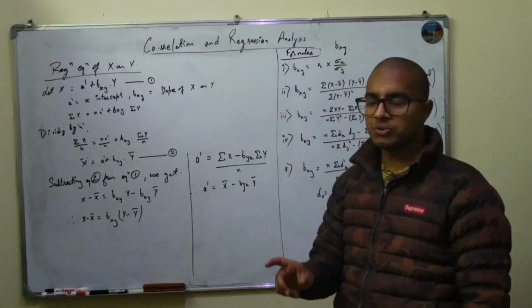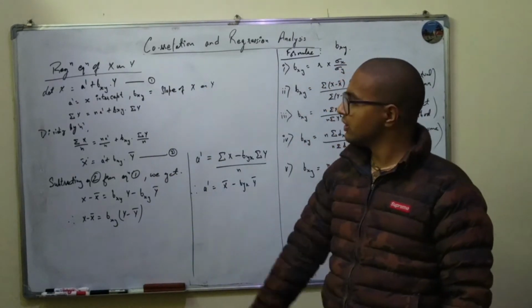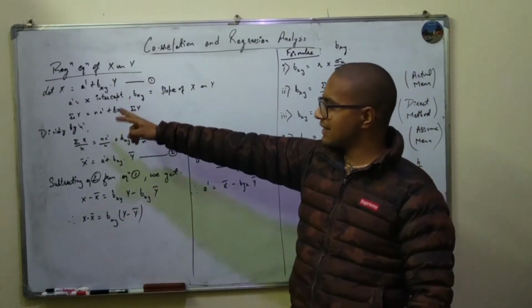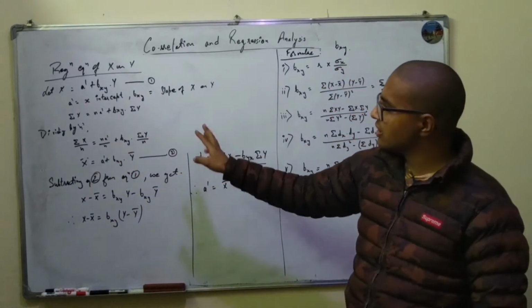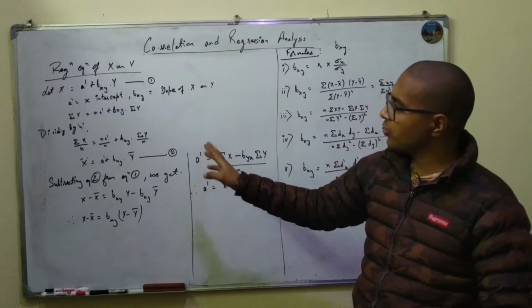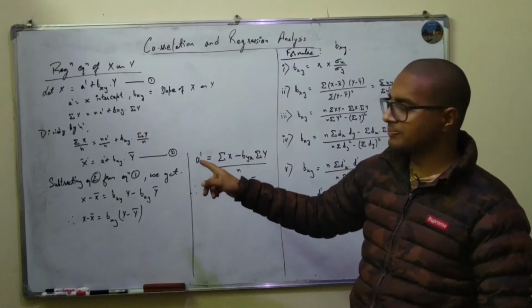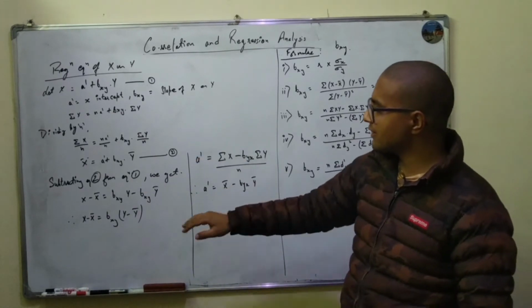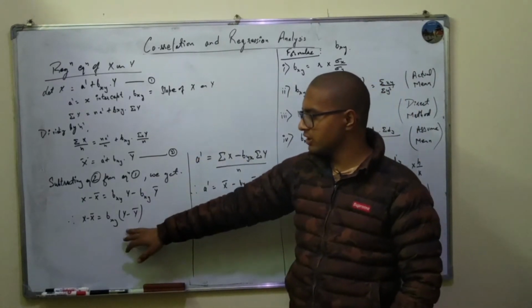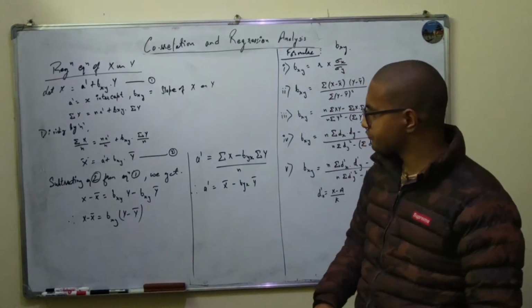Then what we will do is subtract the second from the first. So it will be x minus x bar equals a dash minus a dash, and then bxy times y minus bxy times y dash. Taking bxy common, you will get this particular equation.